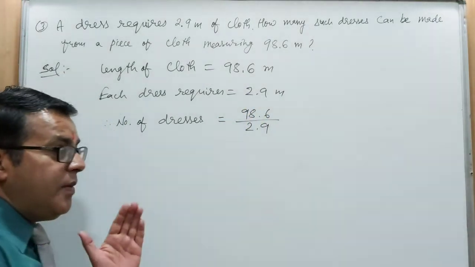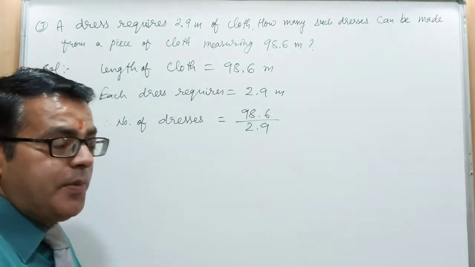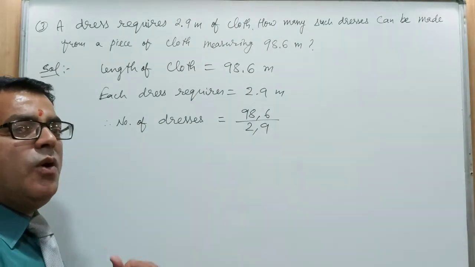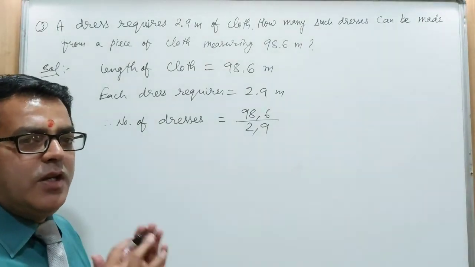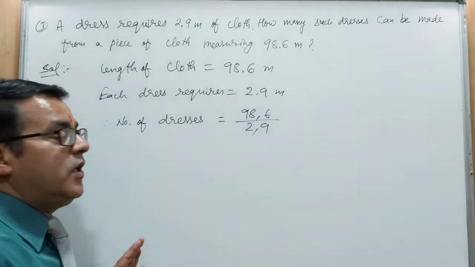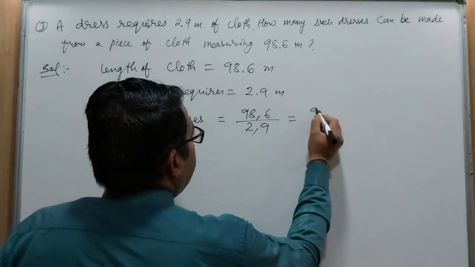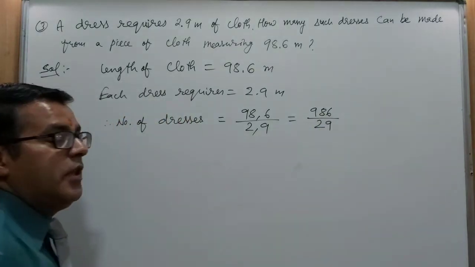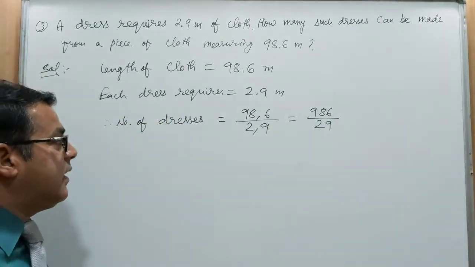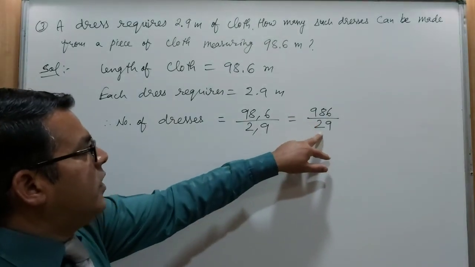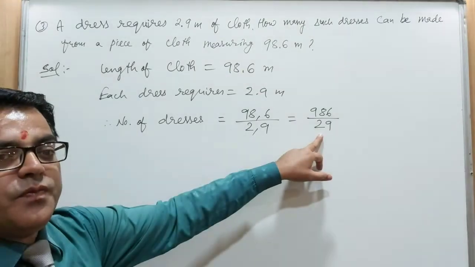So what to do if the same number of places are there after the decimal point? We can remove both decimals without multiplying or dividing. After removing decimals, we can write 986 here and 29 here.